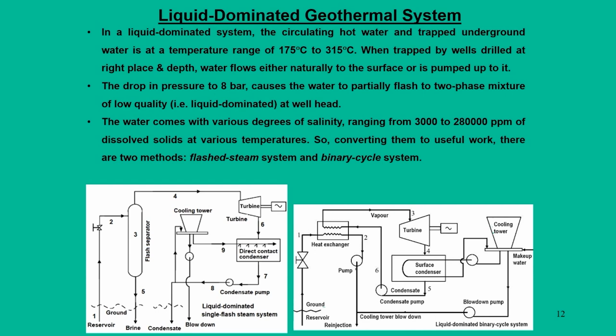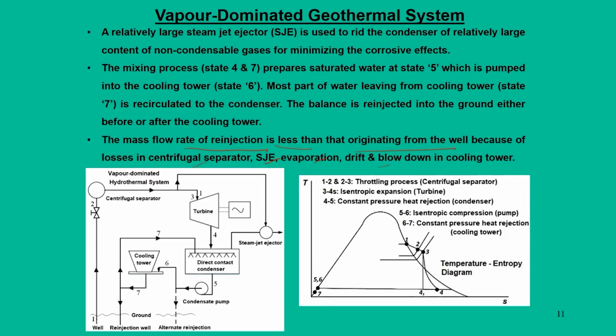Now, there is another category of geothermal systems in which the system is liquid dominated. If you refer to our previous figure, we started the expansion in the turbine when the water or brine was already at saturated vapor. This is the saturated vapor line, and this side we have the saturated liquid line.